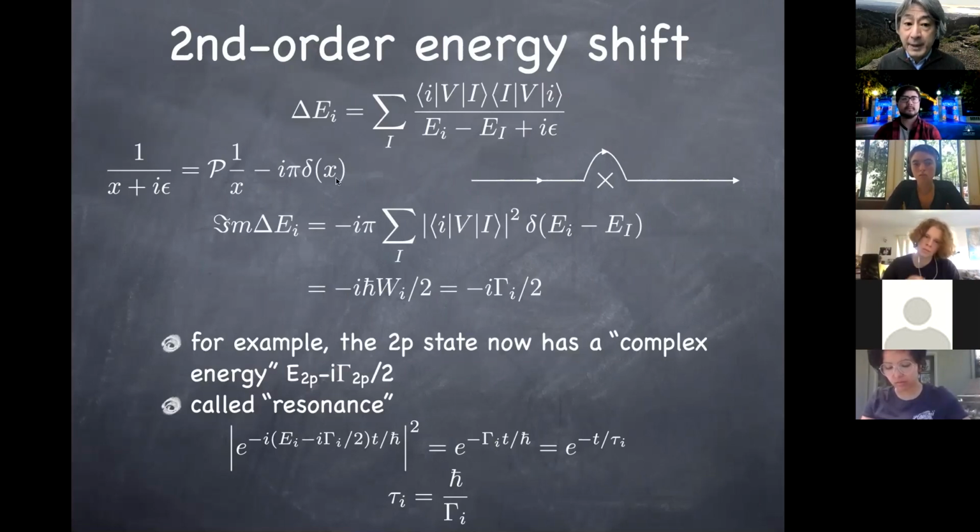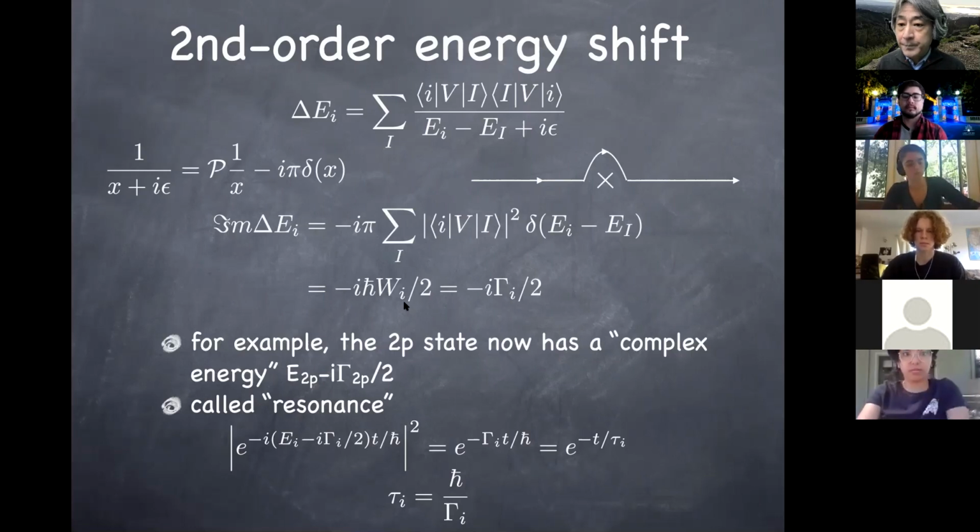And semicircle would give you imaginary part of the energy shift, which is precisely the same thing as computation of the rate we did with the Fermi's golden rule. And therefore, you obtain the imaginary part of the energy shift, which is given by minus i h bar times the decay rate over 2, which has the correct dimension of energy.